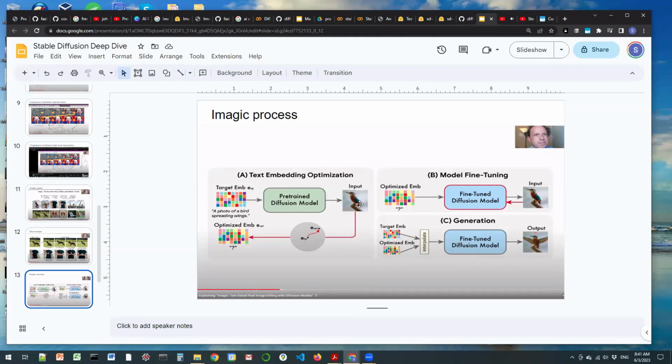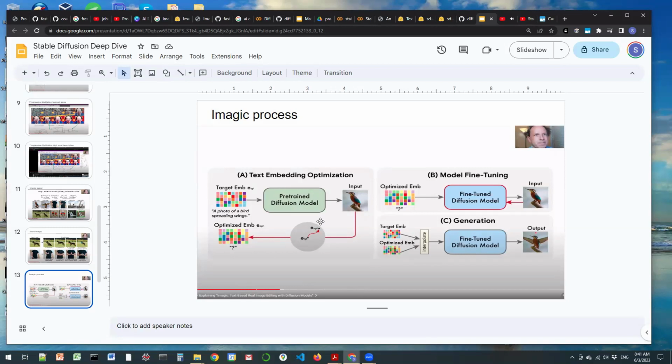bird spreading its wings. So what I believe the first step does is to take the target embedding, which is just words, and make it correspond to this image, but with text moving towards generating something related to this bird, right?